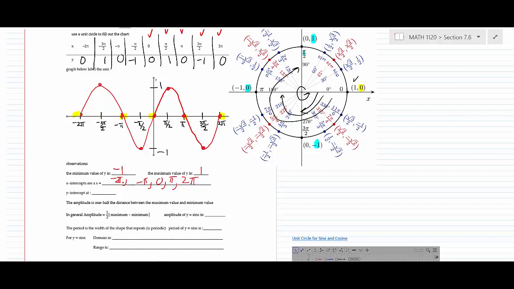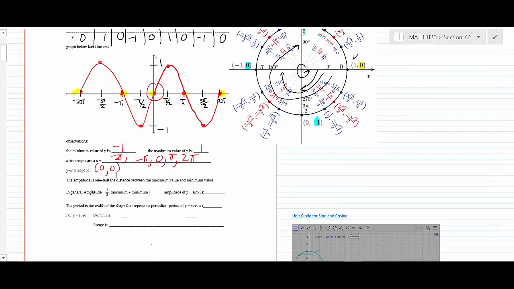That's the beginning, the maximum. We call that the midpoint, the minimum, and then the ending point like that. So it goes 1, 2, 3, 4, 5. That's how a sine goes. And it does that over and over and over again forever. Okay, the y-intercept is here, so you would just have a y-intercept at 0, 0, okay, on that one, okay?